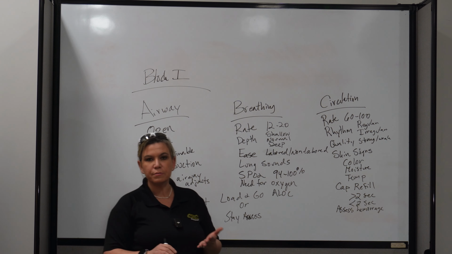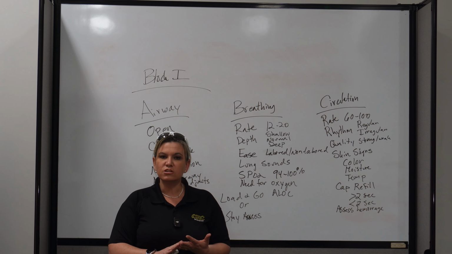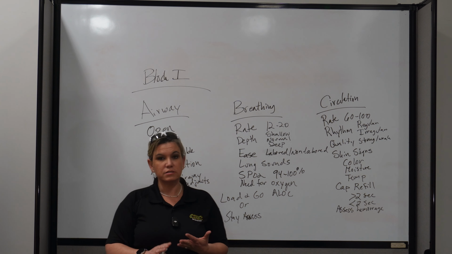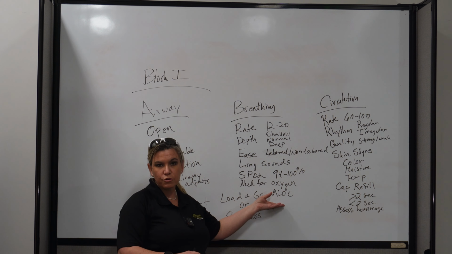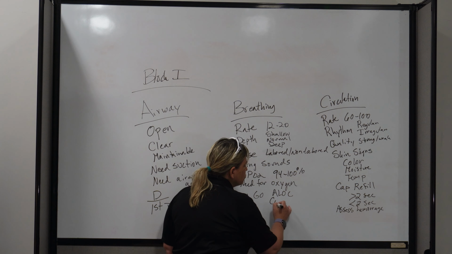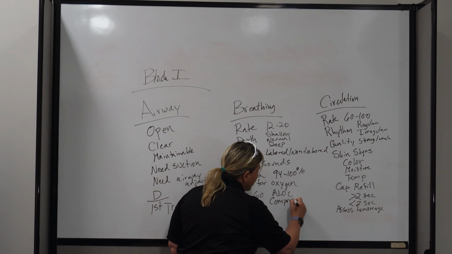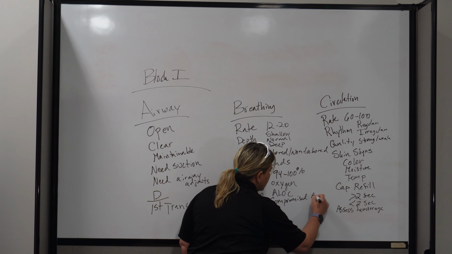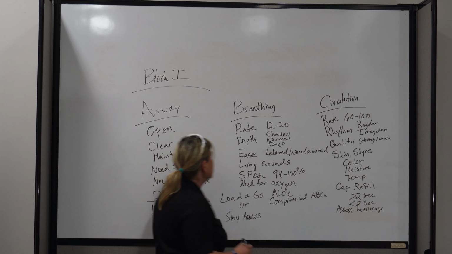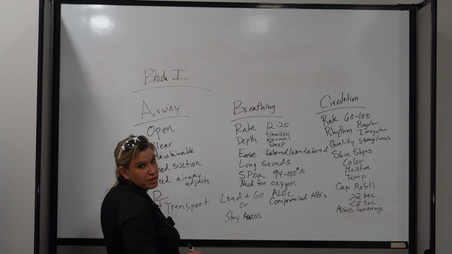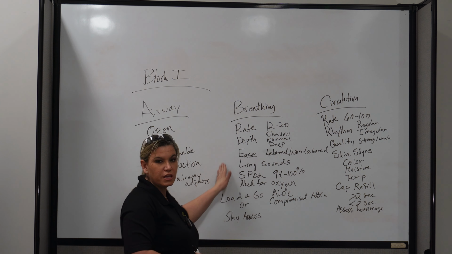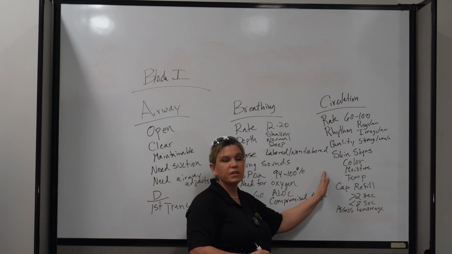So remember, we did our PPTP. If my patient is A&O3 or less, then we know they were altered, so that would be a load and go. Then we would also look to see, do I have compromised ABCs? And if I do have compromised ABCs, again, I'd go back, I look at my airway. Did I do any interventions here?